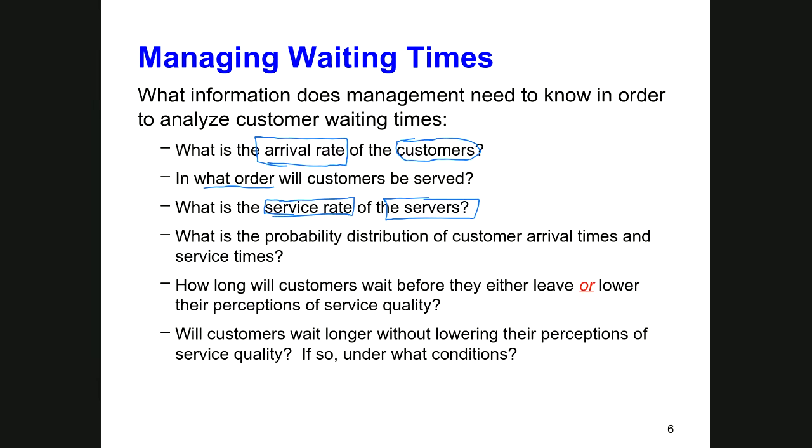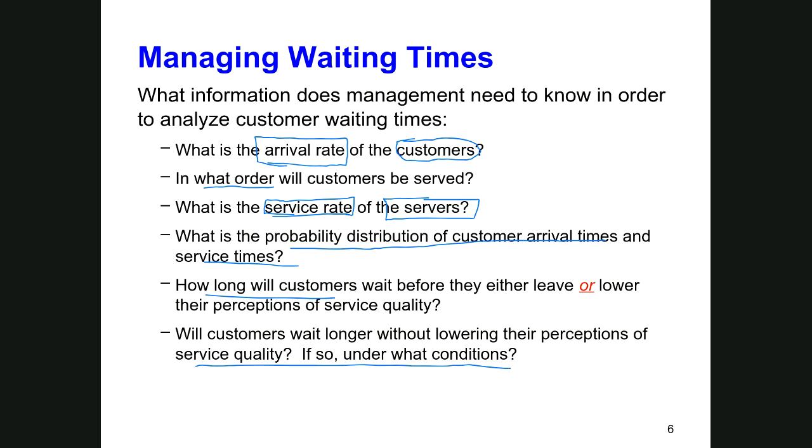Then next, we need to know the probability distribution of the arrival times and service times, because this will determine to a great deal the characteristics of this waiting line process. And what are the customer characteristics, and under what conditions will a customer perceive the service quality.